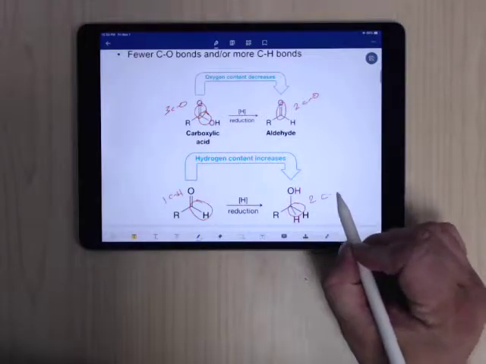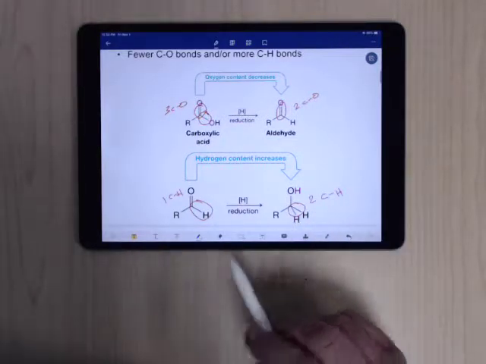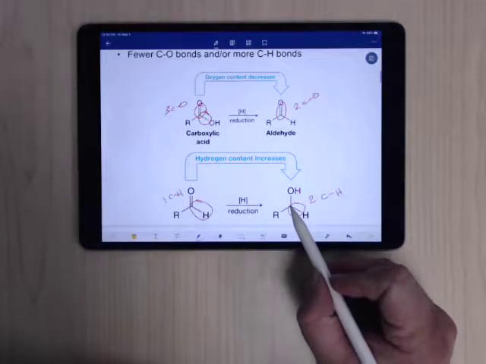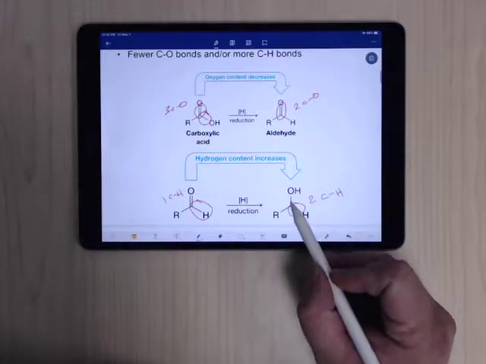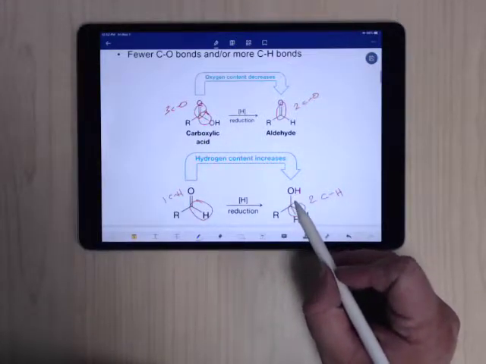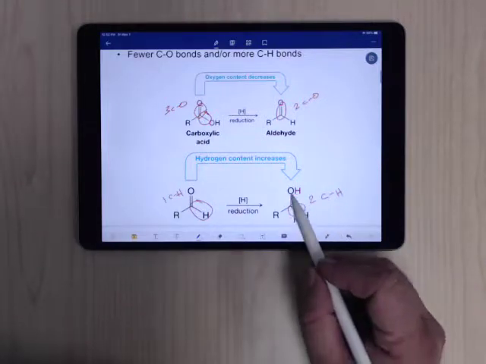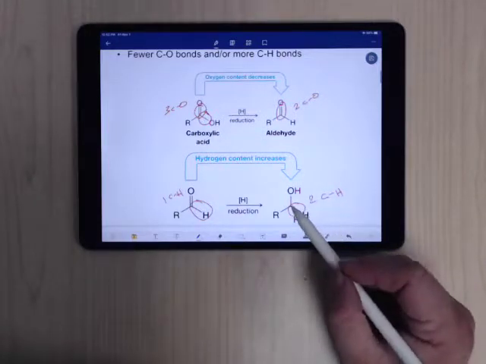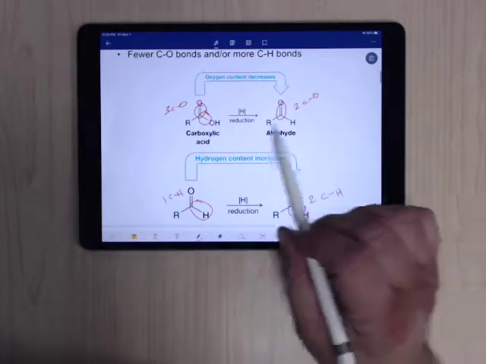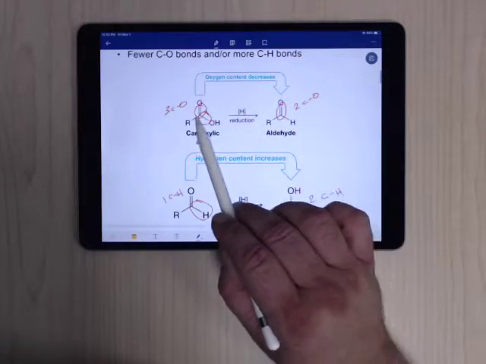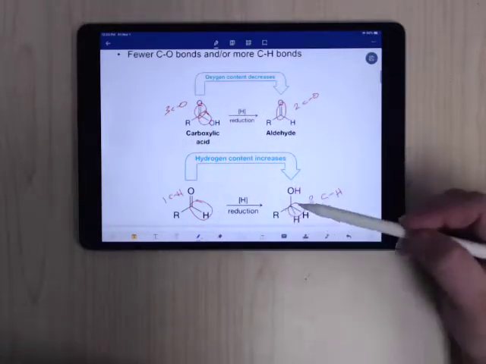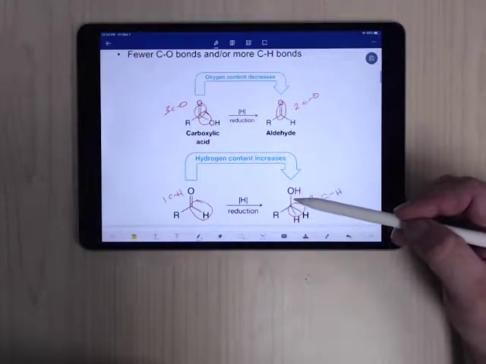Now we are really only going to care about the carbon that has the CO bond. That's where all the magic is going to happen. If it doesn't have at least 1 CO bond, we don't care about it. It's always going to be where that carbonyl is, or at least a single CO.